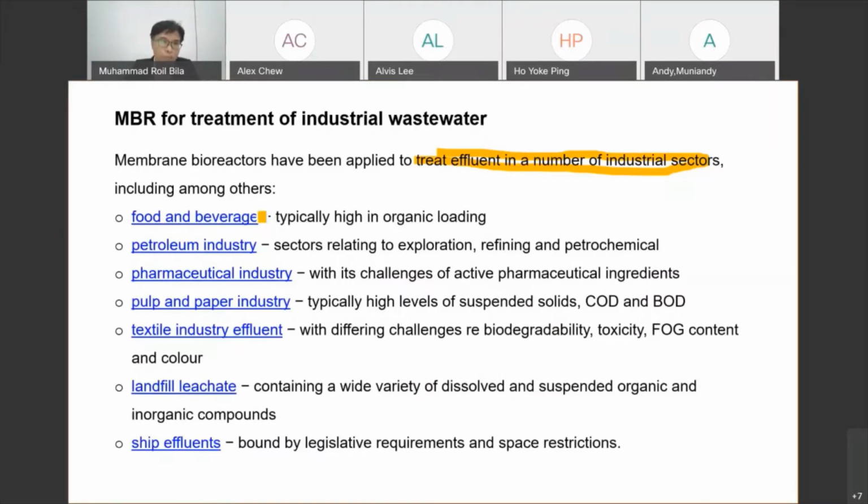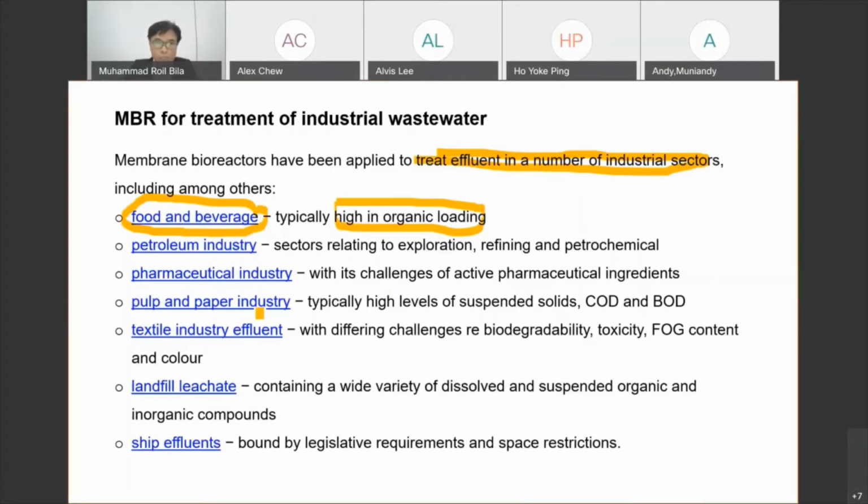So the food and beverage I'll discuss later on. We know that this kind of industry typically has very high organic loading. Petroleum industries, including exploration, refinery, and petrochemicals as well. We have pharmaceutical industries, which we'll discuss a bit later on.